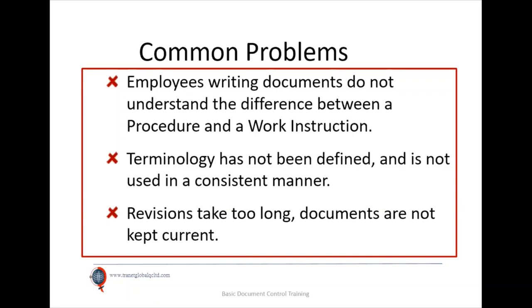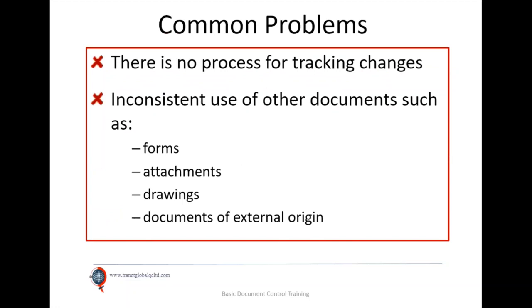When revision takes unnecessarily too long to be implemented, it means obsolete versions of the document will still be in use. So we have to avoid unnecessary bottlenecks when it comes to document review.